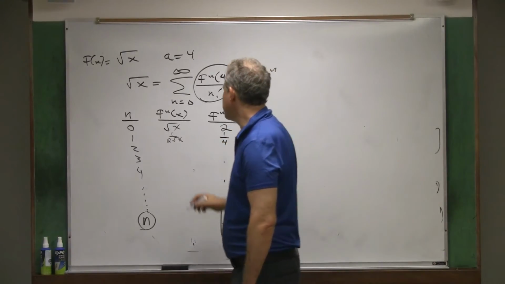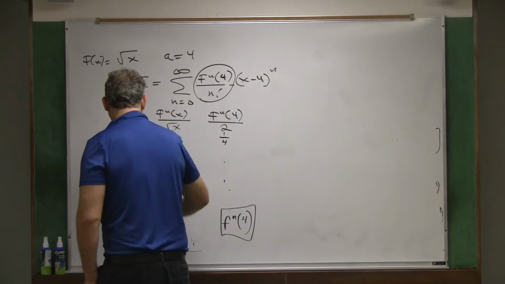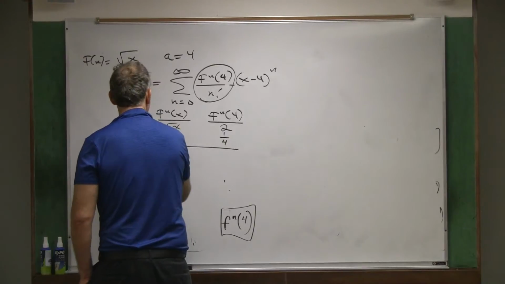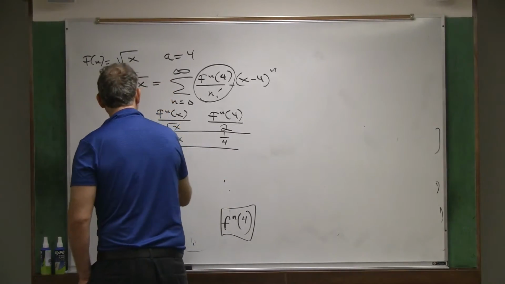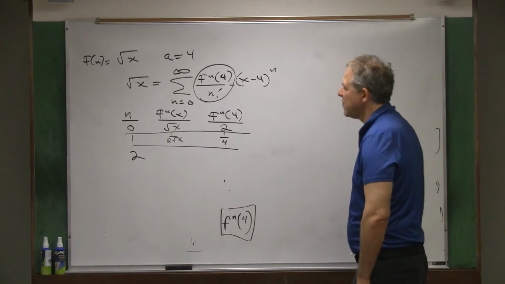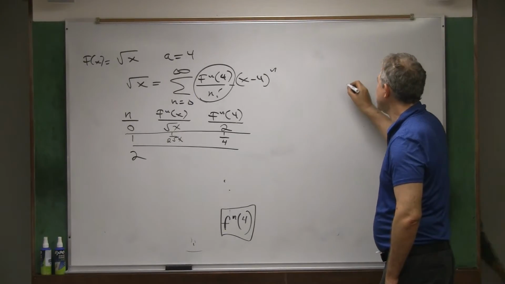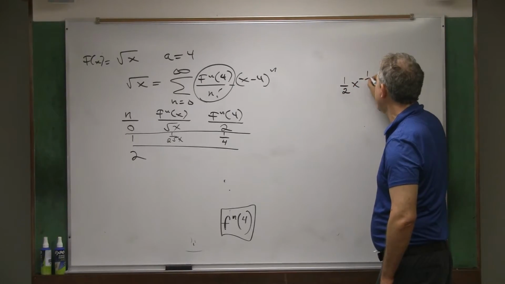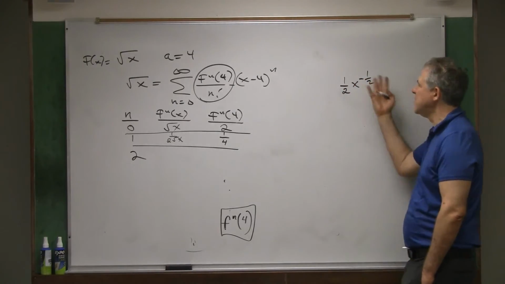Okay, let's make some nicer rows. So now at 2, let's try to fill this in. What is the next derivative? And maybe it's best to write this as 1/2 x to the minus 1/2. What's the derivative of this? Let's keep it in this form.